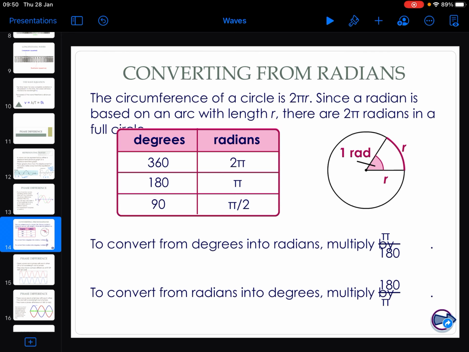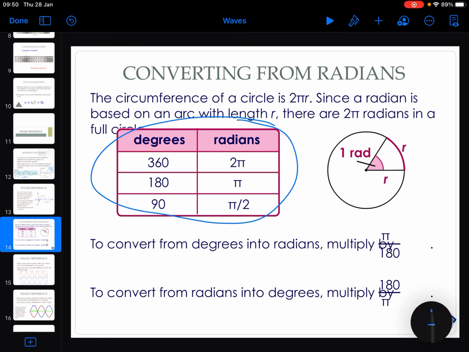The circumference of a circle is, you know what, doesn't matter about that, but the key bit is 360 degrees is 2 pi radians, and 180 degrees is pi radians. To convert from degrees into radians, multiply by pi over 180. To convert from radians into degrees, multiply by 180 divided by pi.